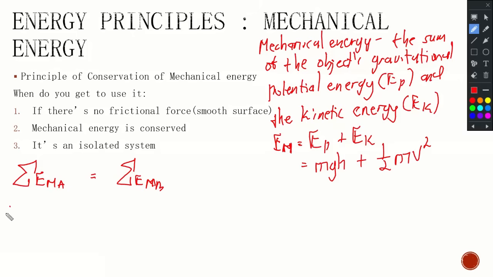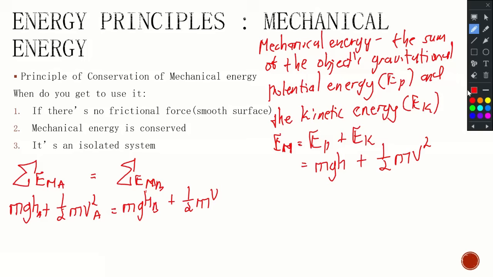Okay, so which means that if we are to break this down, we have mgh plus half mv squared at point A. And then this should be equal to mgh plus half mv squared at point B. So in that way, the total mechanical energy is conserved because the total mechanical energy at point A would be exactly the same as the mechanical energy at point B, right?